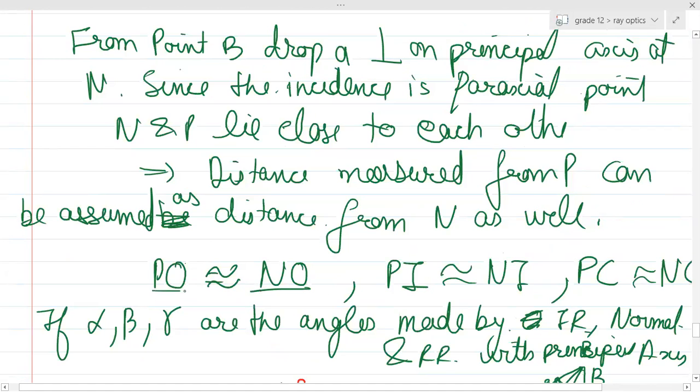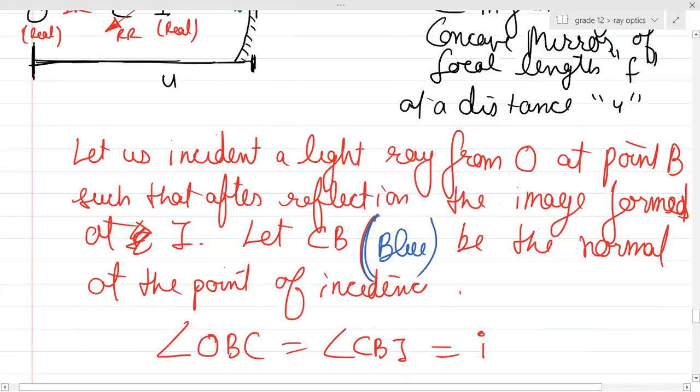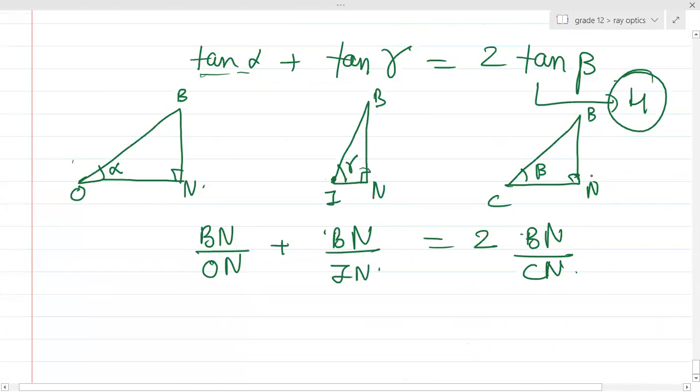So from here, ON is approximately equal to OP, IN is approximately equal to IP, and CN is approximately equal to CP, because N and P are very close to each other. So whatever distance I am measuring from P, I can measure it from N, and vice versa as well, right?